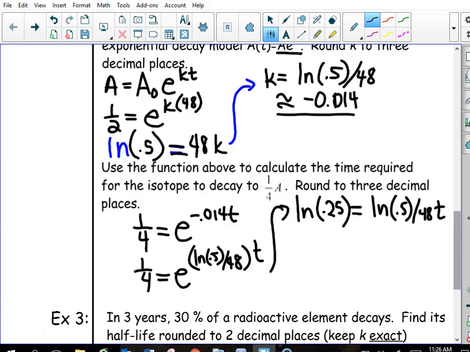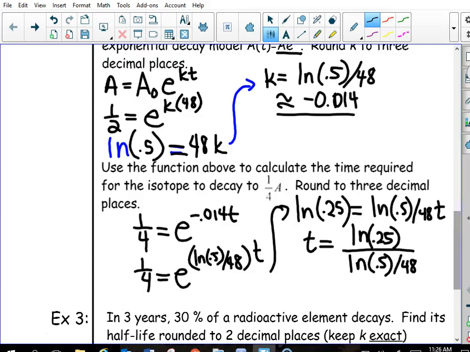So I'm going to divide both sides by ln 0.5 divided by 48. And I will get t equals, switching sides here, ln of 0.25 divided by ln of 0.5 divided by 48.